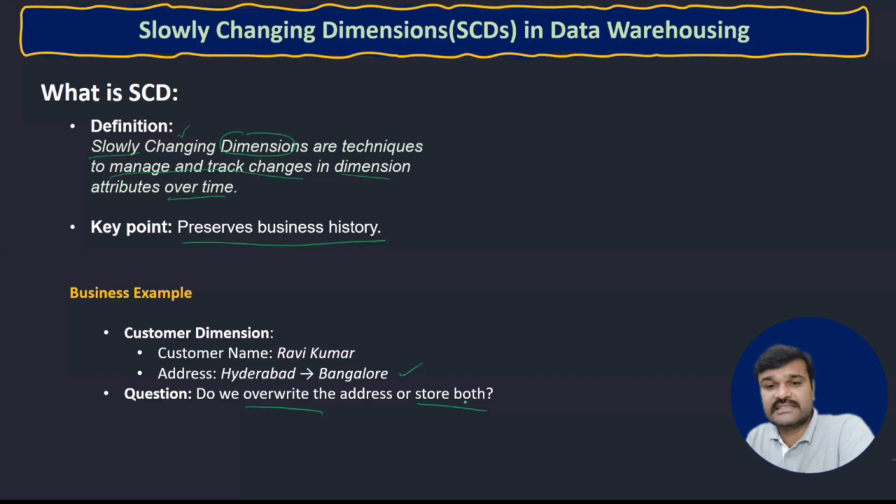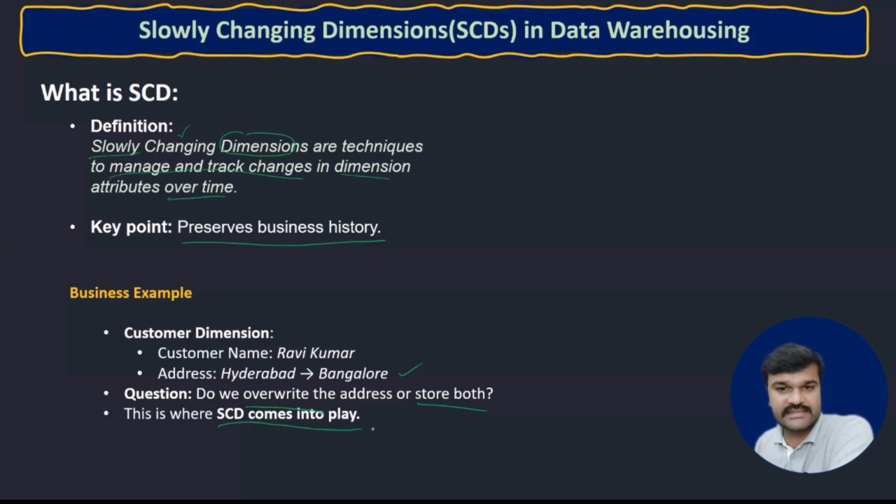So when these changes happen, how are you going to capture them? With history, without history, or maintaining history for specific columns and not for some columns. That's what we are talking about overall, and that is where SCD comes into the picture, to manage that.